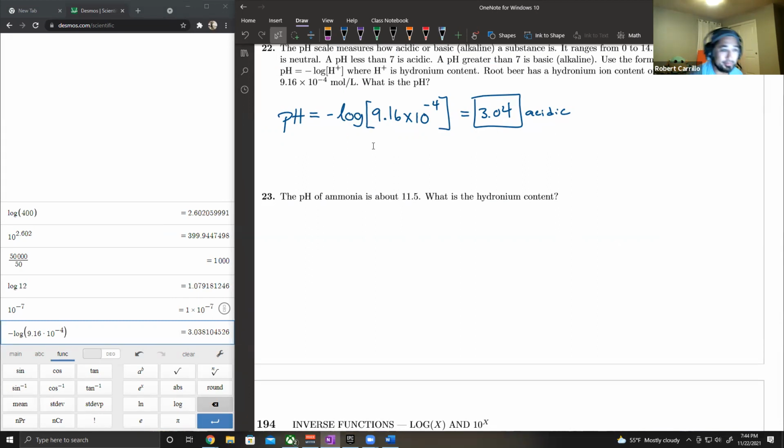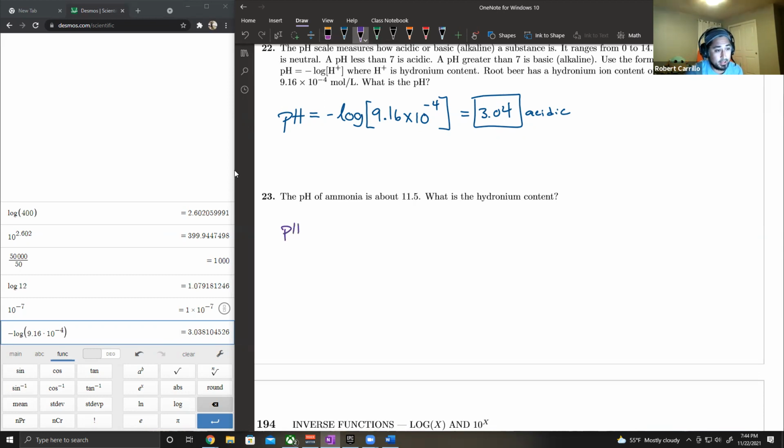All right. 23. The pH of ammonia is about 11.5. What is the hydronium content? So this is giving us the pH already, and we have to solve for hydronium. So let's set up our formula first.